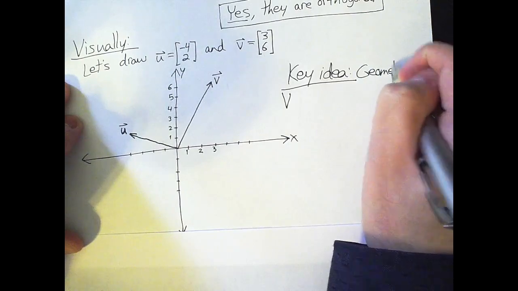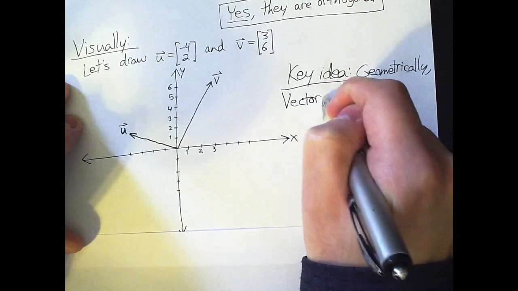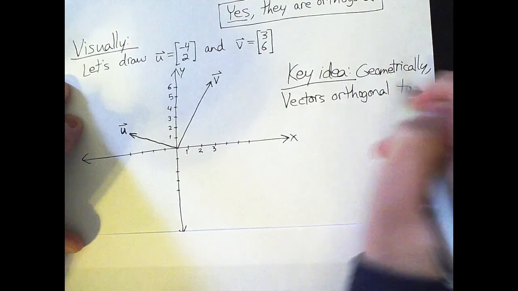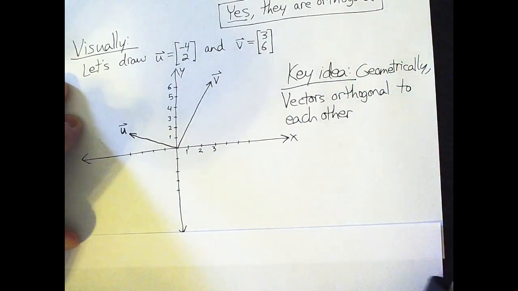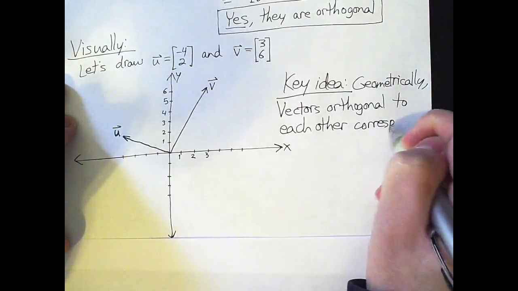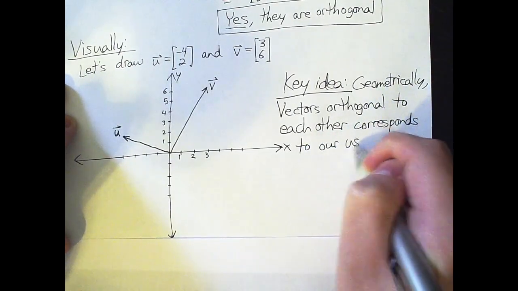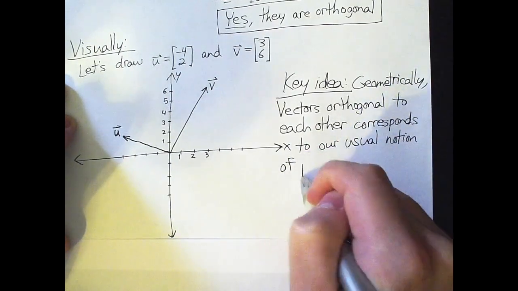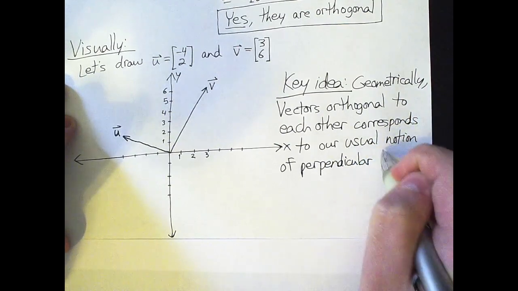Geometrically, vectors being orthogonal to each other corresponds to our usual notion of perpendicular lines.